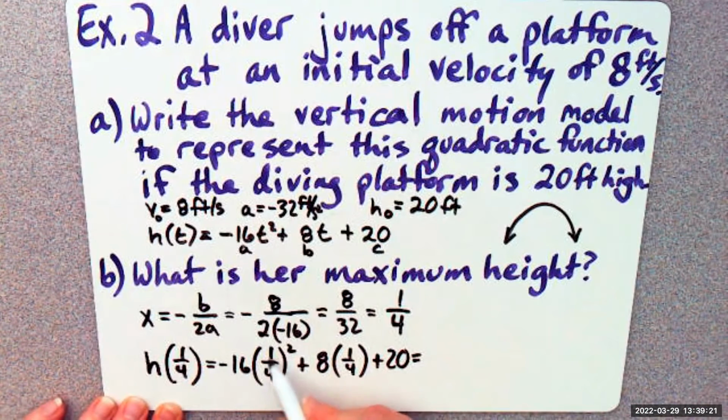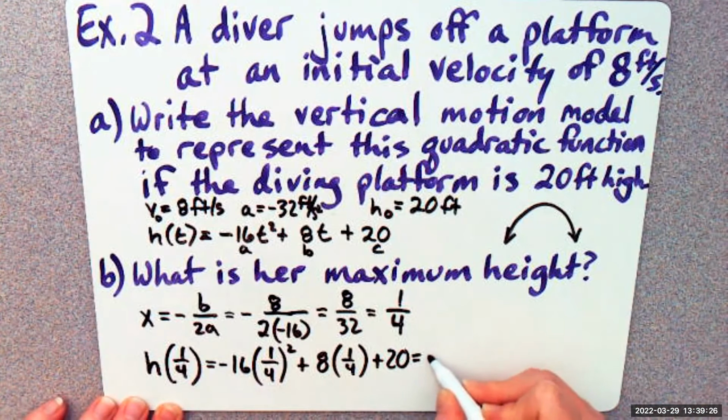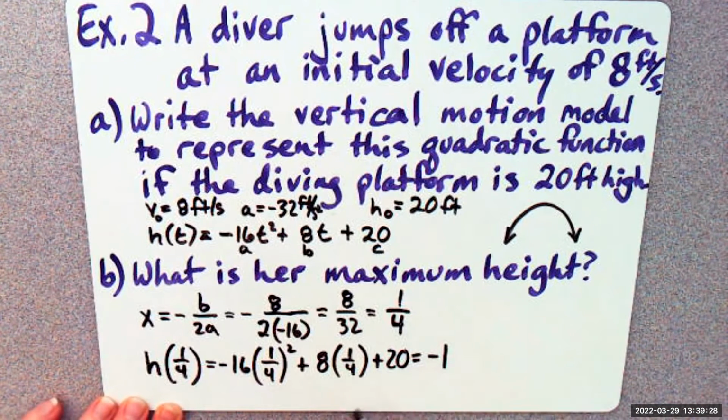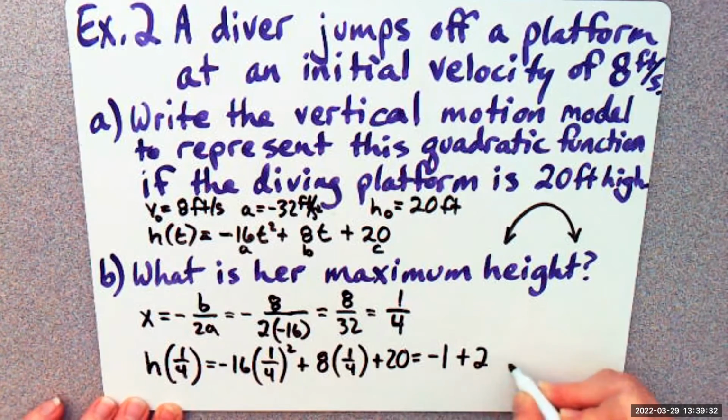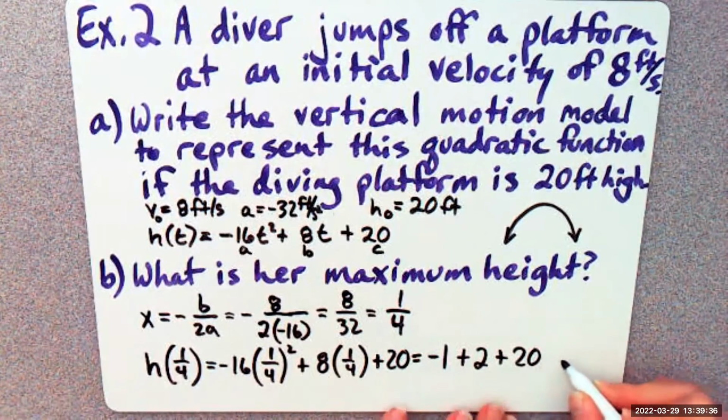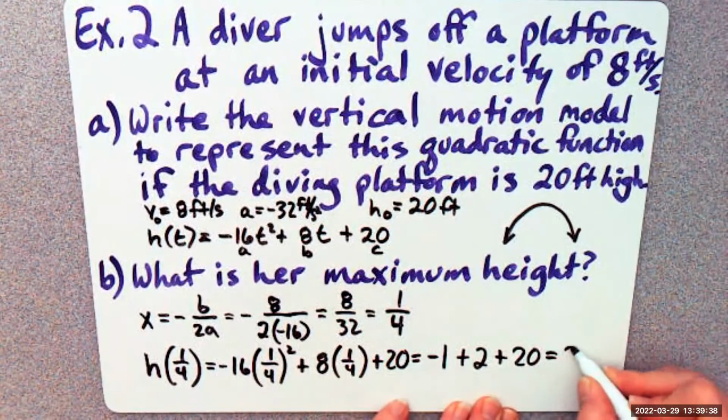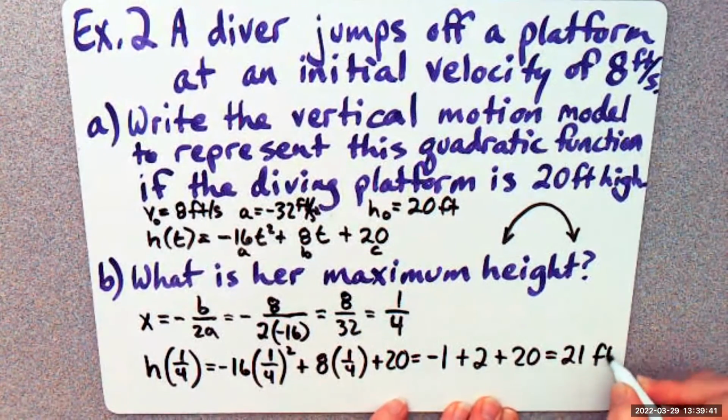This becomes 1/16 times negative 16, which is just negative 1. 8 times 1/4 is 2, and then plus 20. So we have a maximum height here of 21 feet.